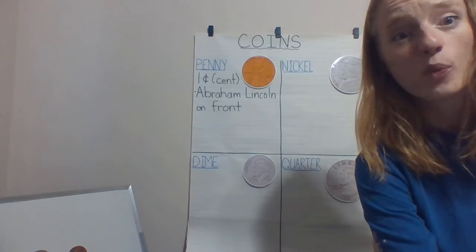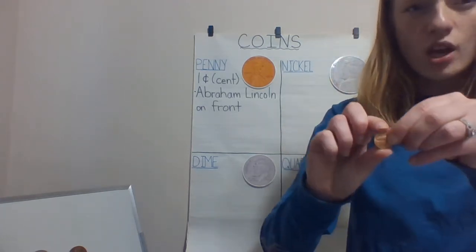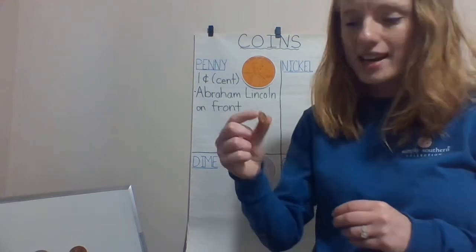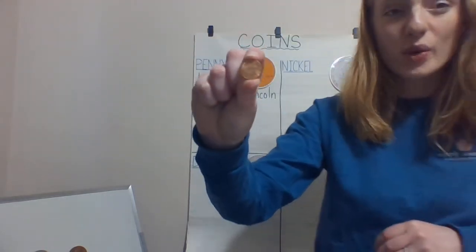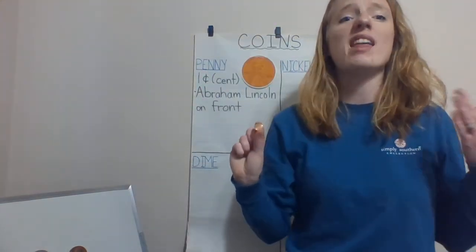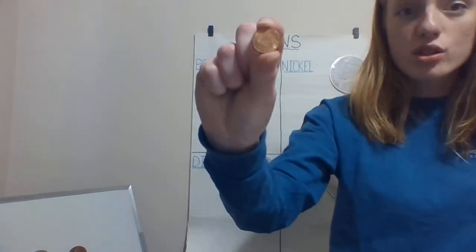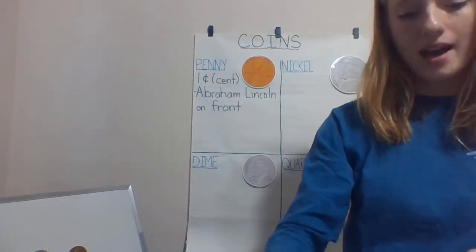So it could be one of two things. On some pennies, and you can look for a penny at your house, you can see the Lincoln Memorial. So remember, memorials help us remember the important people and the events in our history. So on some pennies, we see the Lincoln Memorial on the back.